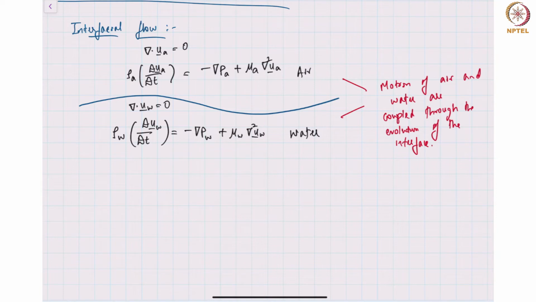Now, how do I go about deriving the boundary conditions at an interface? To do this, we will move away from writing the equations in differential form, and we'll write them down in an integral form. Let's start by looking at the boundary conditions at an interface without considering any additional forces such as surface tension.